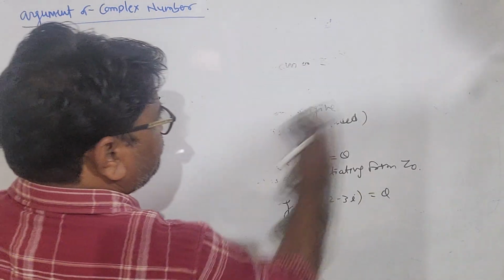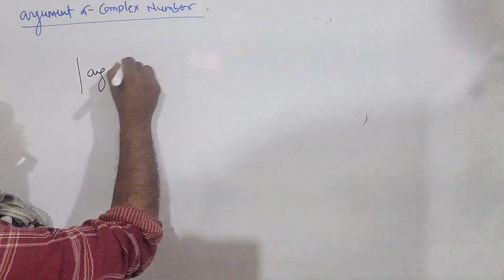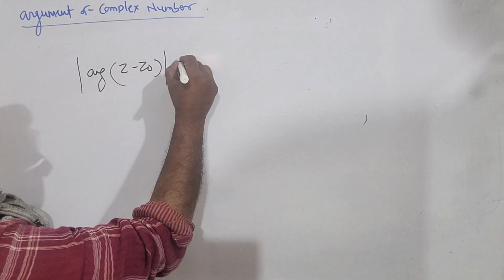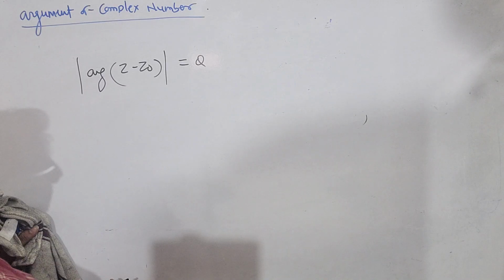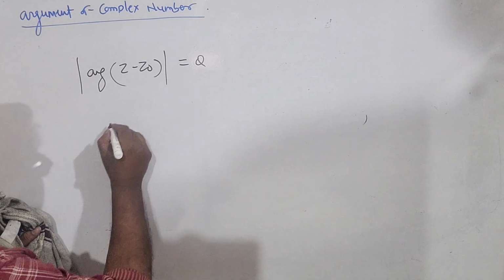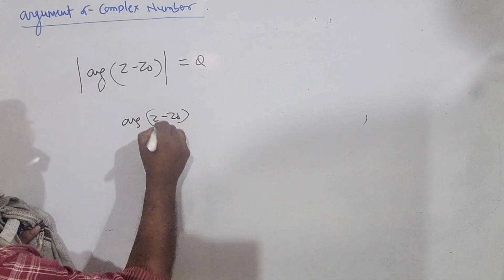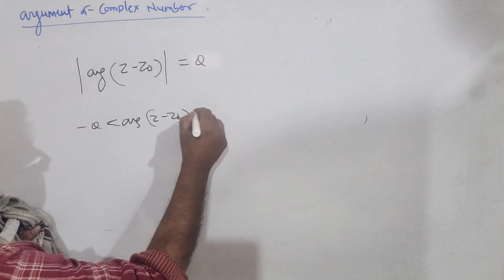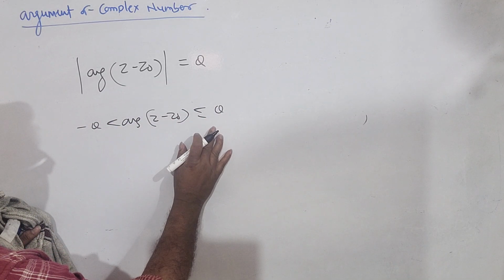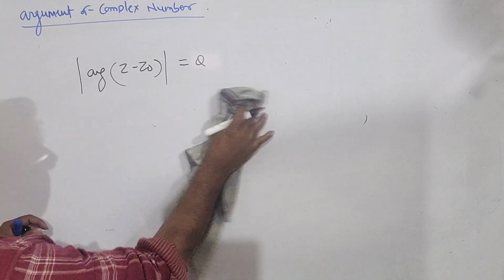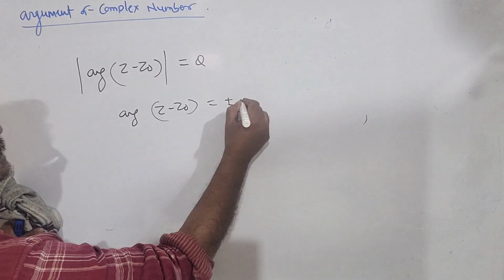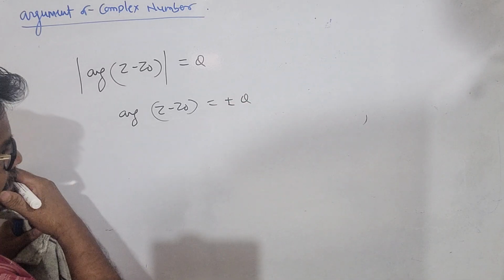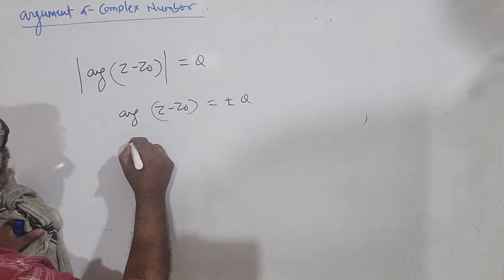Coming to this concept now, if I say that the modulus of the argument of z minus z naught is equal to theta, what does it mean? It means the argument of z minus z naught is plus theta or minus theta, lying between minus theta and theta. So what is the locus of z?